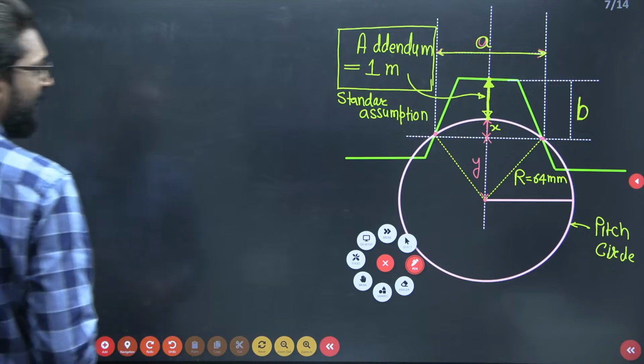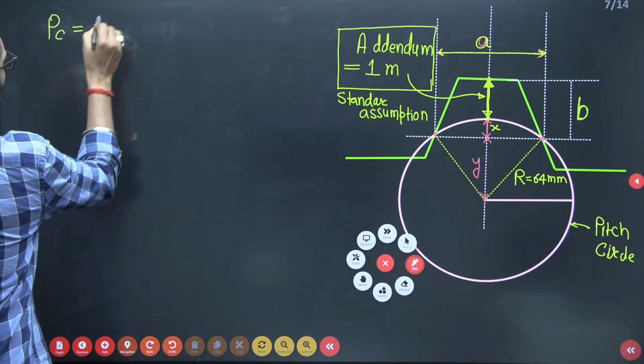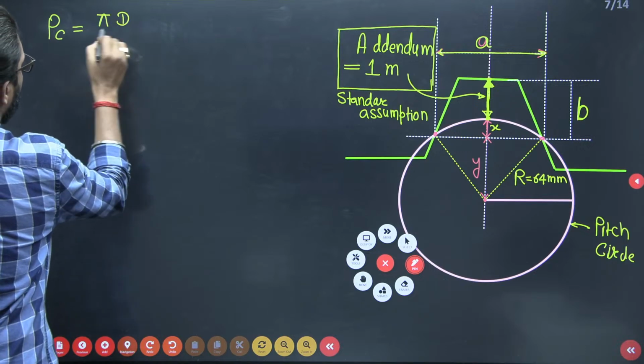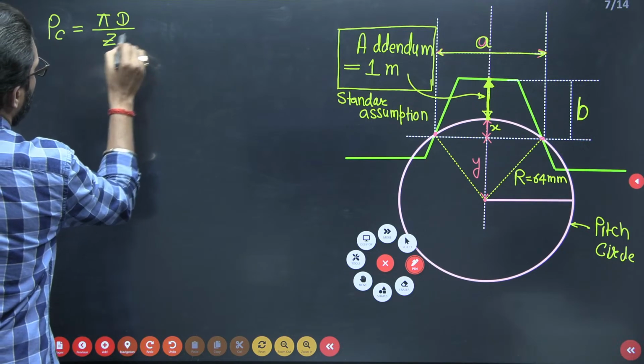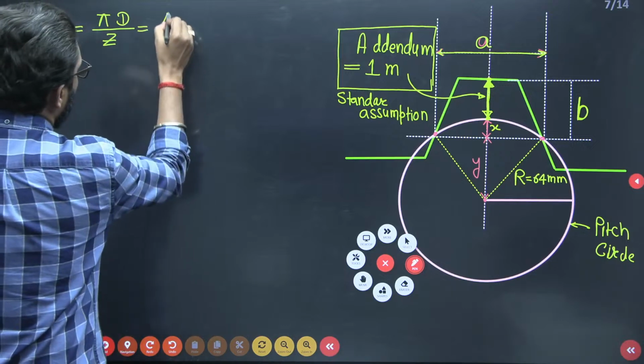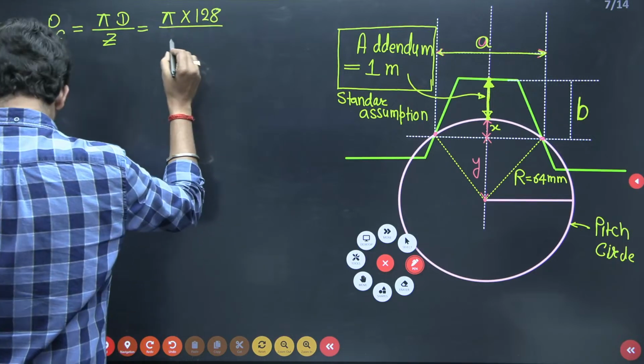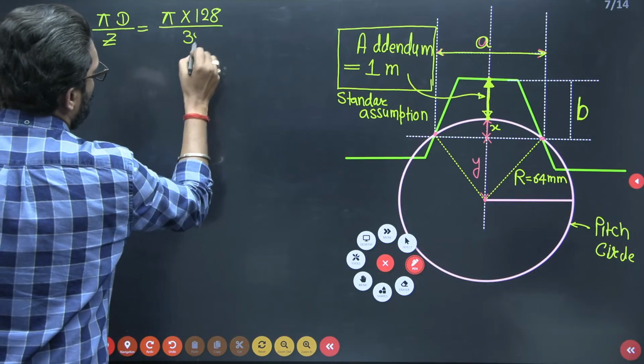Now, what is the pitch circle here? Pi d upon z. This is your pitch circle, and we have pi, d is 128, and z is 32, yes. So what is the pitch circle?